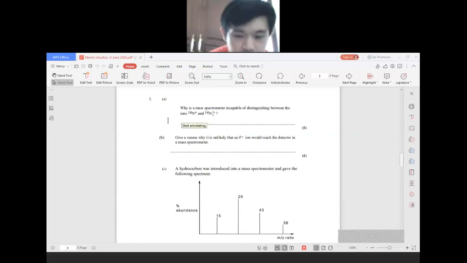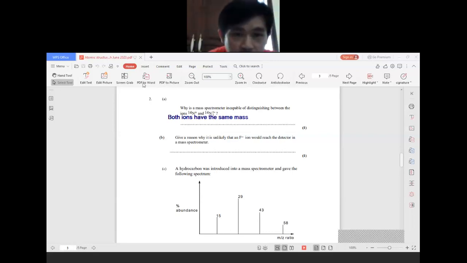So both ions have the same mass, because the mass spectrometer works based on the mass. If two ions have the same mass, the spectrometer cannot identify them.